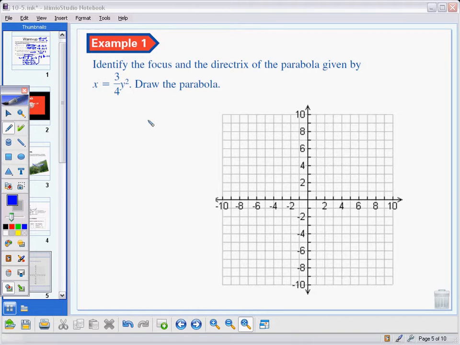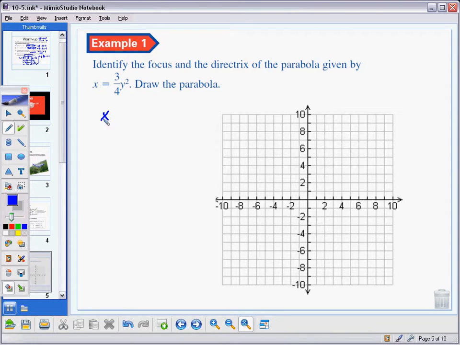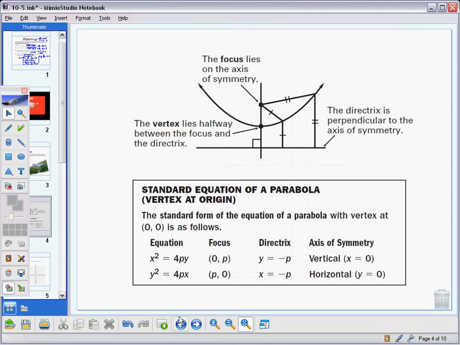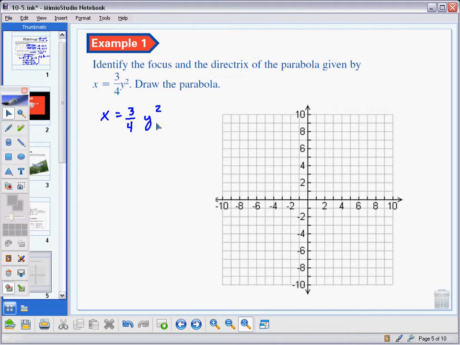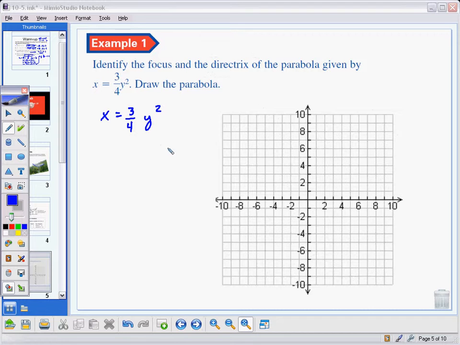So as we look at our equation, x equals 3/4 y squared, the first thing we want to notice is that it's not set up like we had in the previous slide with the x squared or the y squared by itself. So I want to get the y squared term by itself.